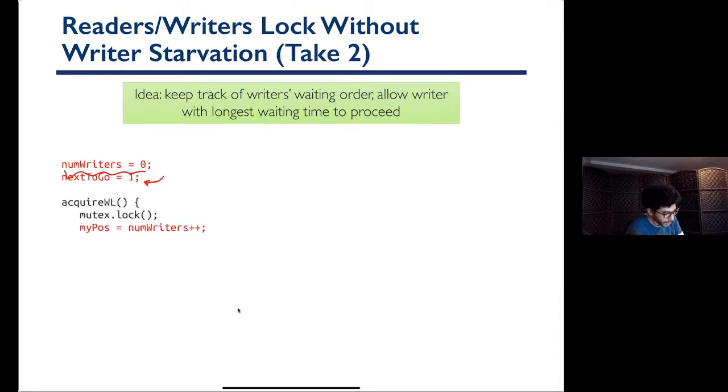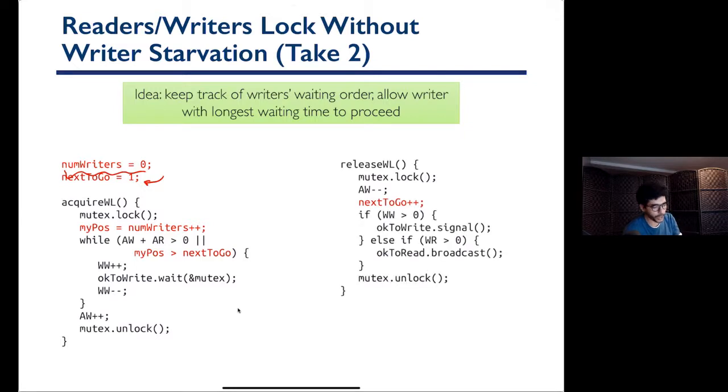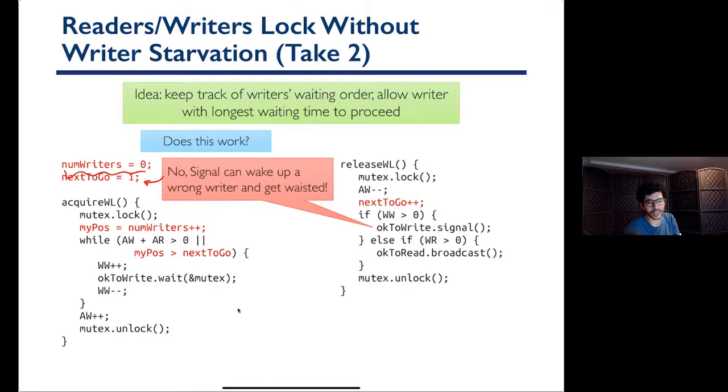Now, this is an implementation using those two variables. Again, unfortunately, I don't have time to analyze this, but if you look at it, you can prove that this implementation also doesn't work, because there is a possibility about how the signal will be delivered.